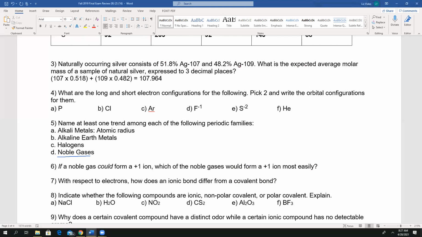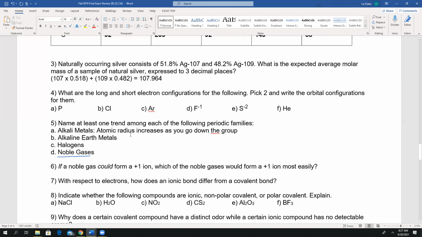But remember, we're talking about each of the families. So for the alkali metals, the atomic radius increases, right? As you go down the period. Sorry, the family, the group. Oh Lord, I can't type today. My fingers were moved. Okay.